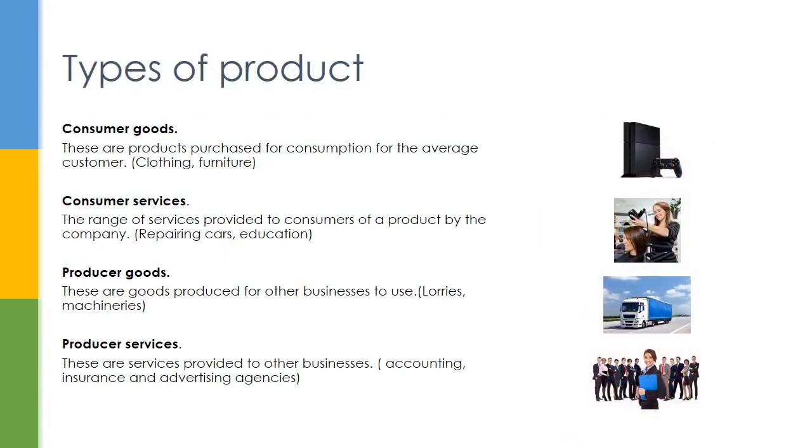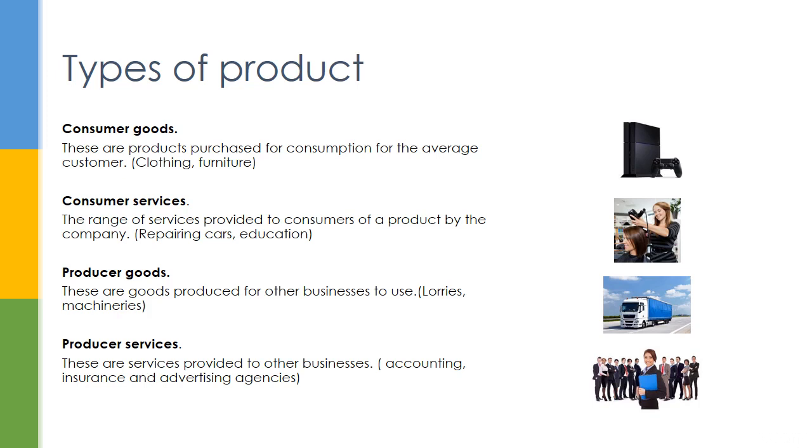Before we talk about all the things about product, let's look at the different kinds of products that a business can actually produce. There are 4 types of products, and you can categorize them in 2 ways. A business may produce a product for another business or for customers.